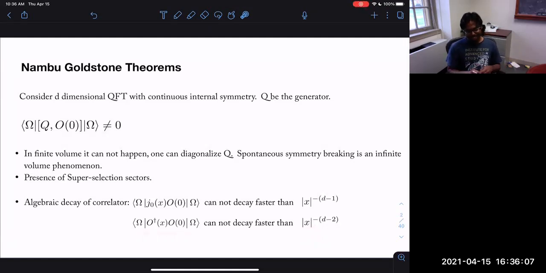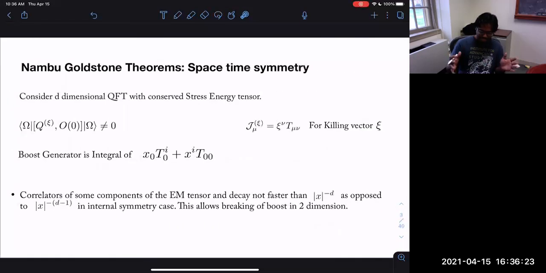Now, once we understand this setup, things get slightly different when we talk about space-time symmetries, the breaking of space-time symmetry. Because we ultimately will be going to talk about boost symmetry, let us think about breaking of space-time symmetry. So again, the setup is a d-dimensional QFT with a Poincare invariance, and we have a conserved stress energy or EM tensor, which we call T mu nu.